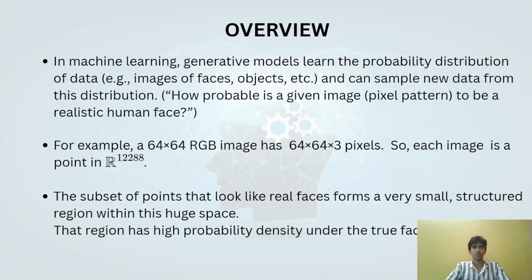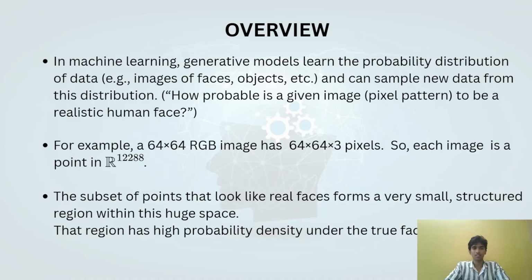The class of images, for example, could be the set of all faces, human faces I mean. The set of all human faces would be concentrated in a specific region in this high dimensional space. So we can find out the probability distribution of the set of human faces from this set of all images from this space.